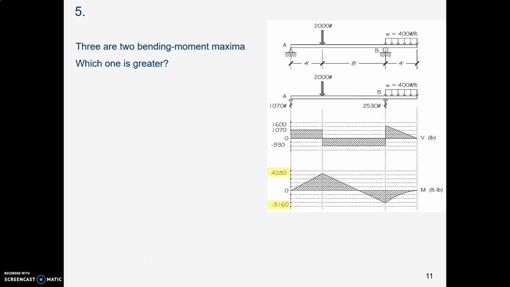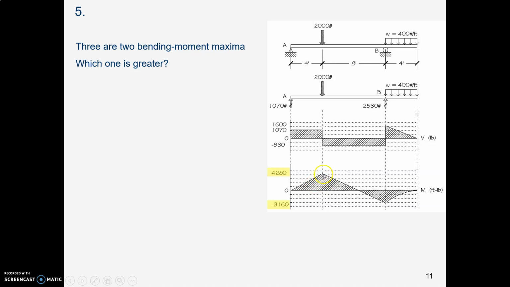Now, in this particular beam, you will notice that there are actually two maxima. Maxima is the plural of maximum, so you could have one maximum or two maxima. In other words, there are two peaks in the bending moment diagram.